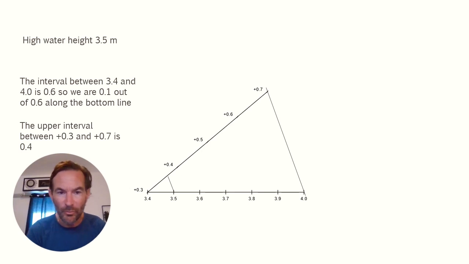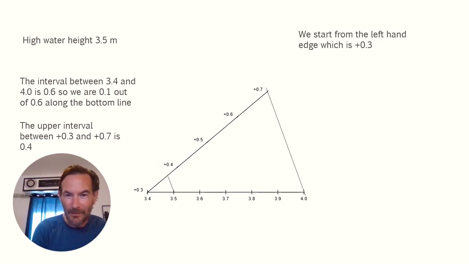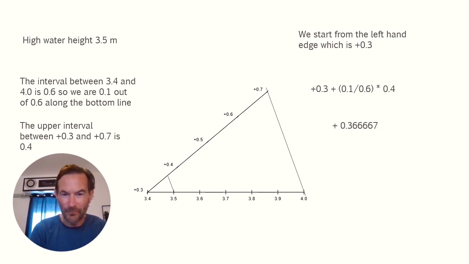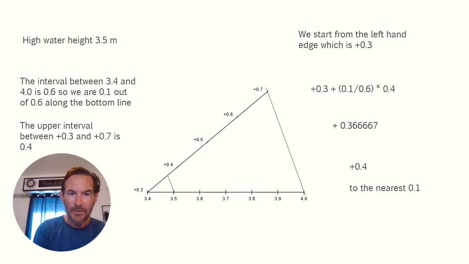So we're going to take a sixth of 0.4, and that sixth of 0.4, we're going to add to the left-hand starting point of 0.3. So it's 1/6 of 0.4 added to 0.3, which your calculator will give you as 0.3666 recurring. And we're going to round that up to 0.4 to the nearest 0.1.